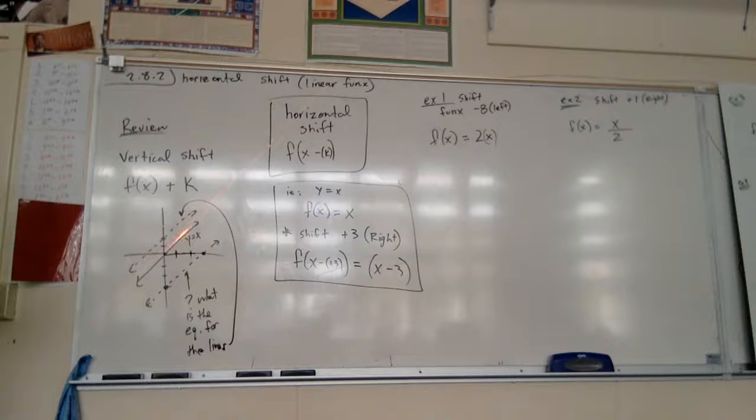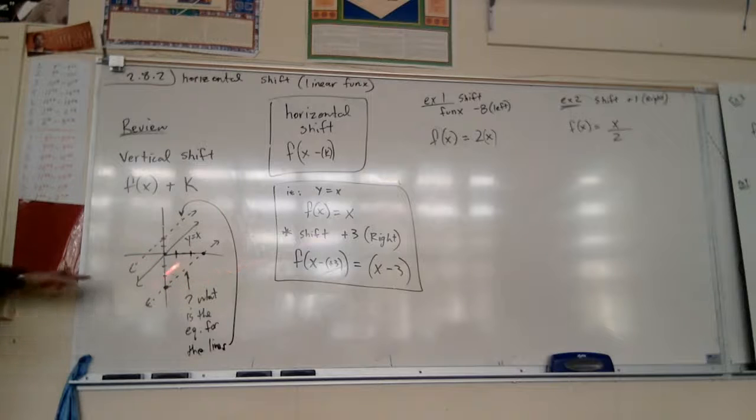It's this parent function manipulated, turned, moved, flipped, moved up and down, left to right. If you think of it that way, then all linear functions are kind of the same thing, just in a different position. It's just a line. This is like the grandfather of all lines, and then we can move them up and down, left to right.